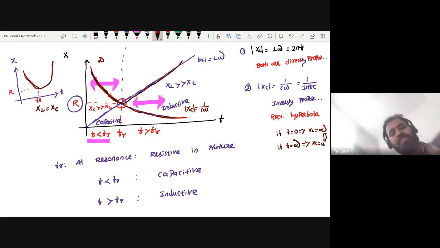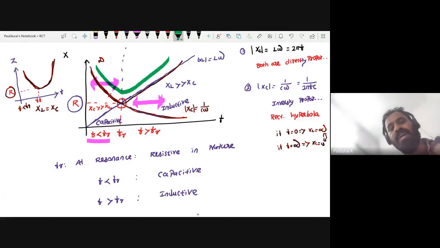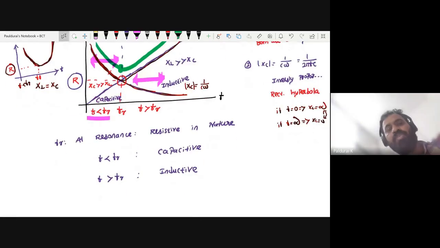So at resonance you will get minimum impedance that is given by R. When F is less than FR, impedance decreases. F greater than FR, impedance increases. From this curve, it decreases, then increases. At resonance, you are getting minimum impedance. So this is the variation of impedance with respect to frequency.